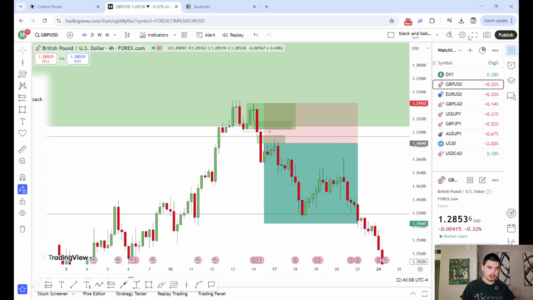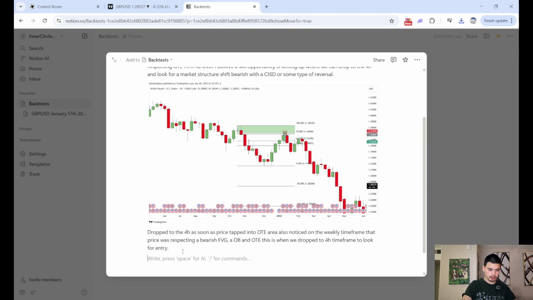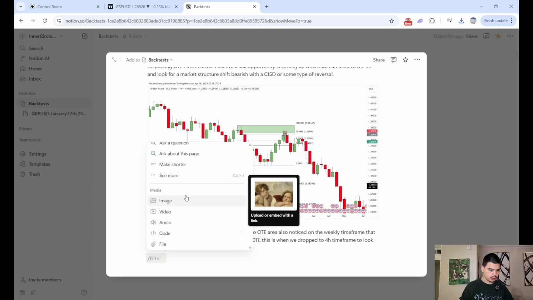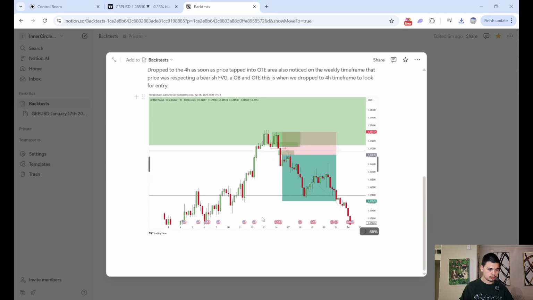Now I'm going to take that 4-hour, download that image. We're going to insert the image here. On 4-hour had a market structure shift bearish with displacement, creating bearish PDAs, right?